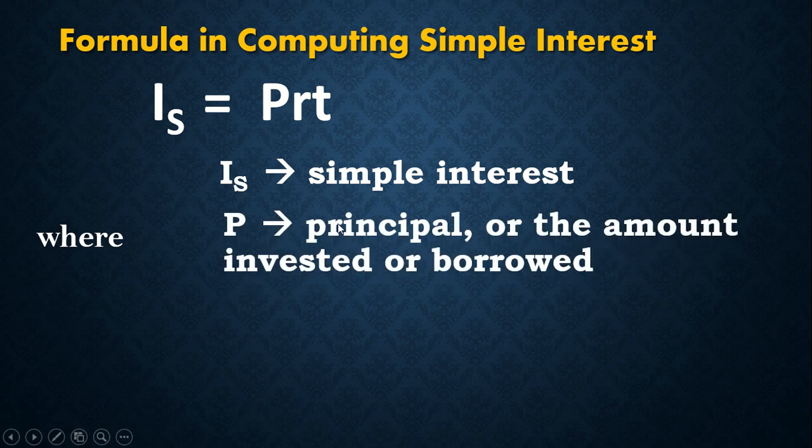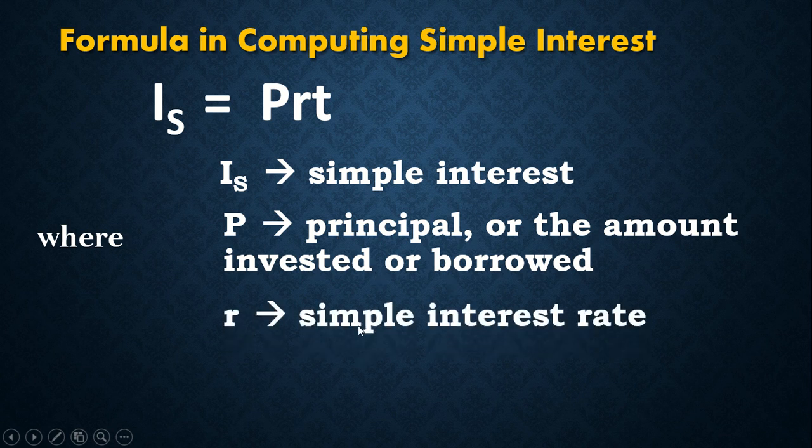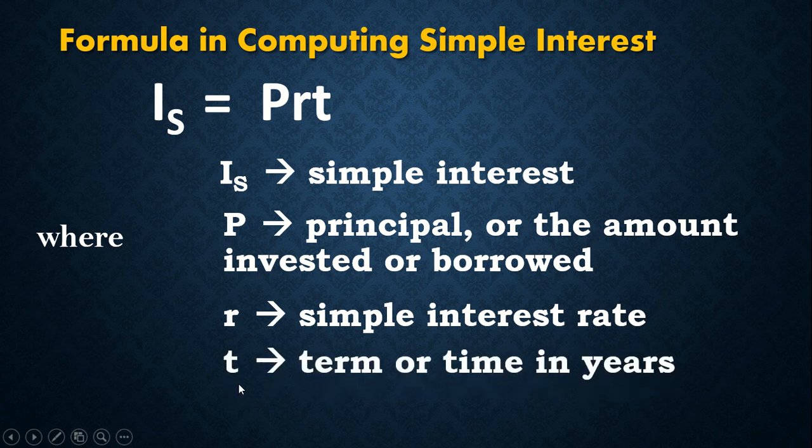Big letter P means principal or the amount invested or borrowed. R is for the simple interest rate. And T is for the term or time in years. Again, our formula in computing simple interest is simple interest is equal to PRT.